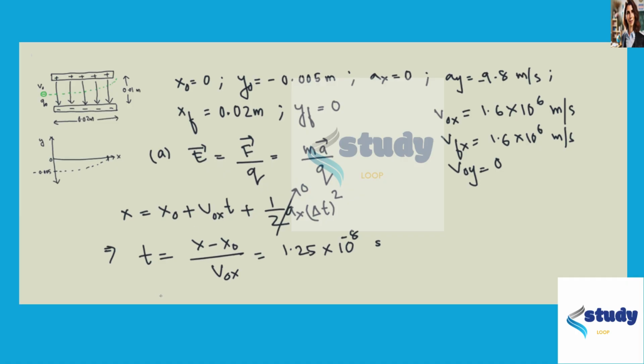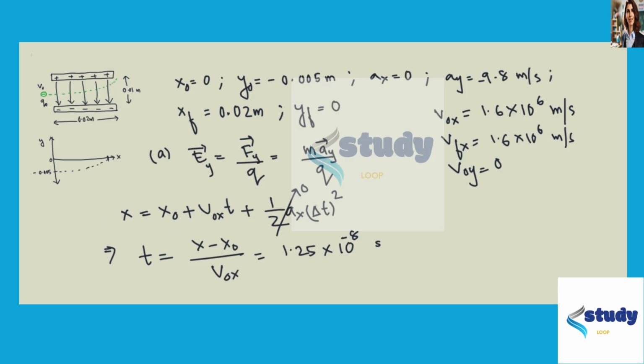So now we can find the vertical acceleration ay. Remember this is actually m ay, because the electric field is along the y direction. So the force we want to calculate should be the vertical force, and therefore we need to find the vertical acceleration.